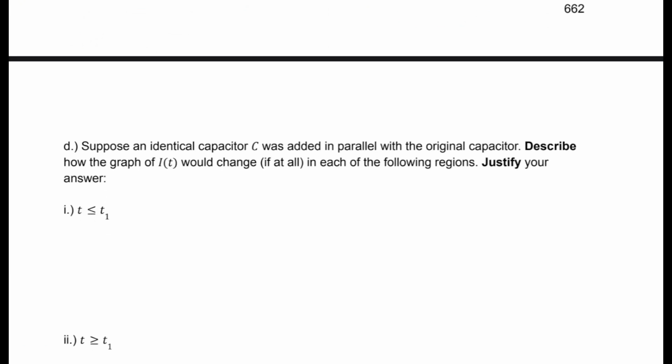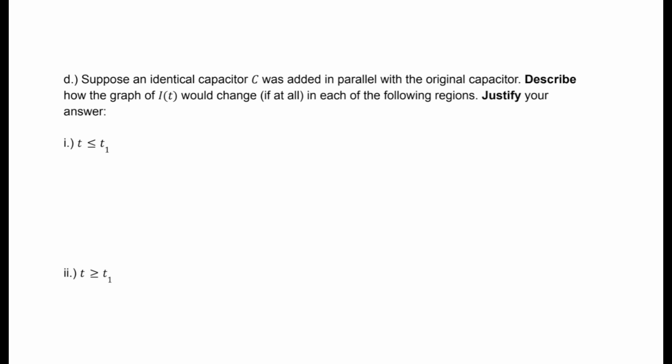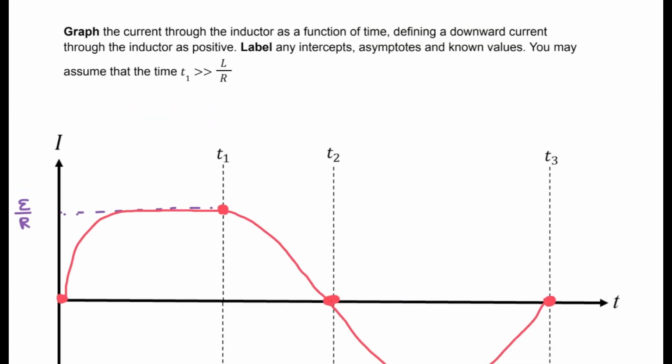And then suppose we added another capacitor in parallel. Describe how our graph would change, if at all, in each of the regions. Well, first, if we use a bigger capacitor in the part of the circuit that doesn't involve the capacitor at all, meaning the less than T1 part, well, there's no change.